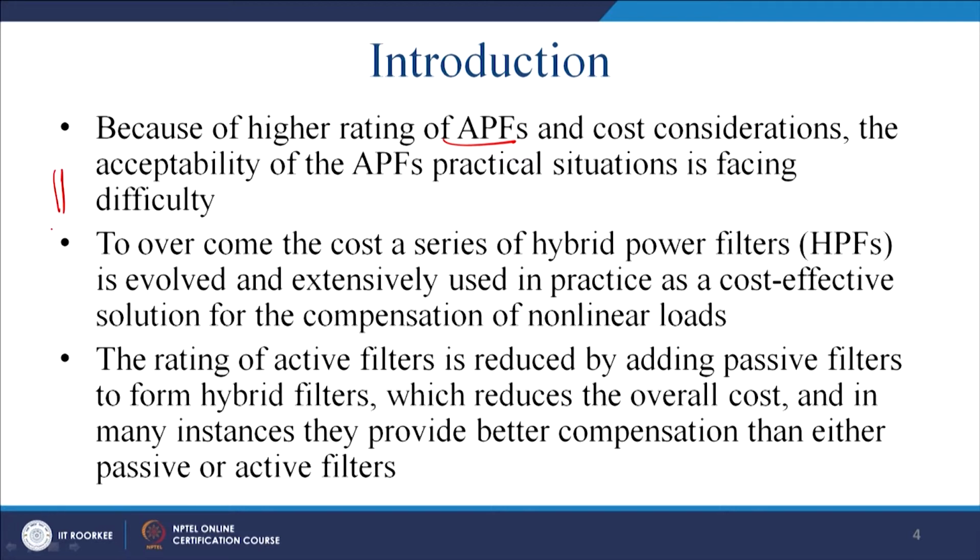So, one of the demerits of the active power filter is the higher establishment cost. It is not so much in the distribution network, but if you want to put it into the transmission network, then the high cost of the device will come because of the higher device rating.